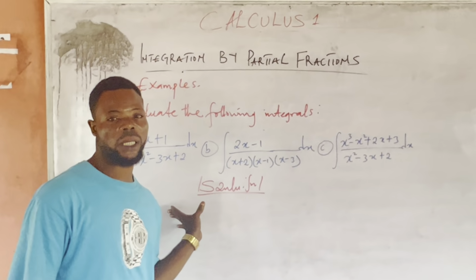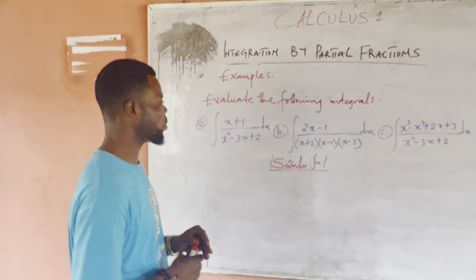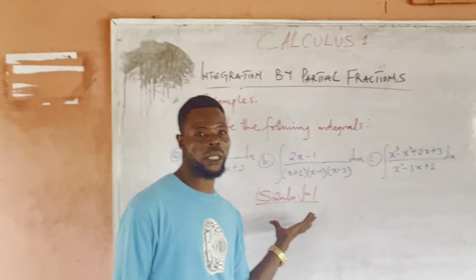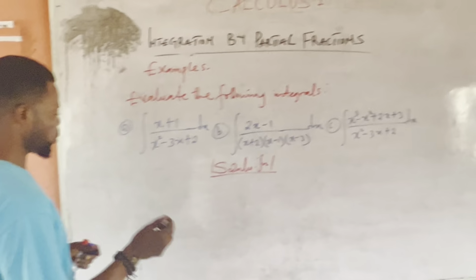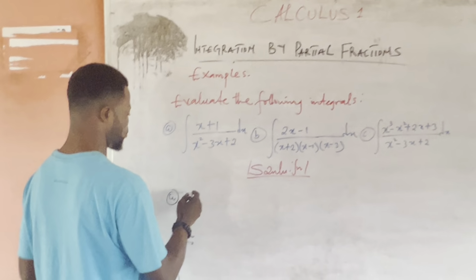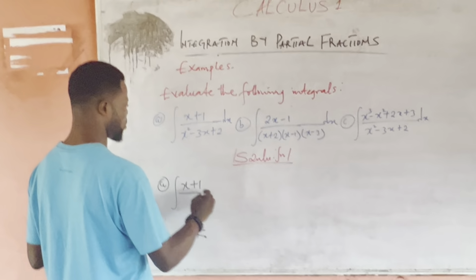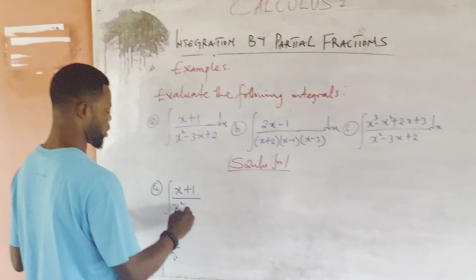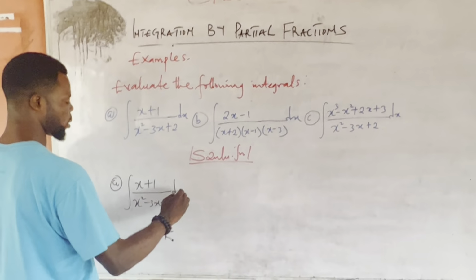That is why I will advise you to go and sit down and study your partial fractions very well before you watch this aspect. So, with the question we have here, which is the integral of x plus 1 all over x squared minus 3x plus 2 dx.